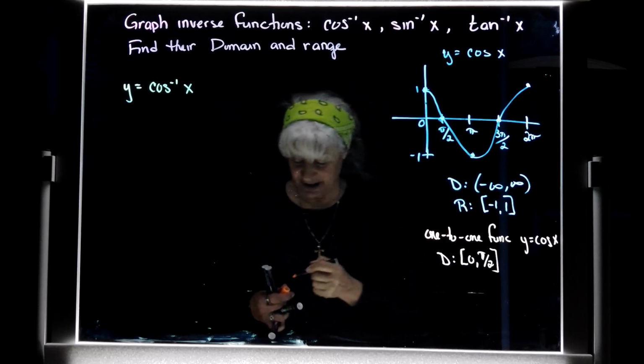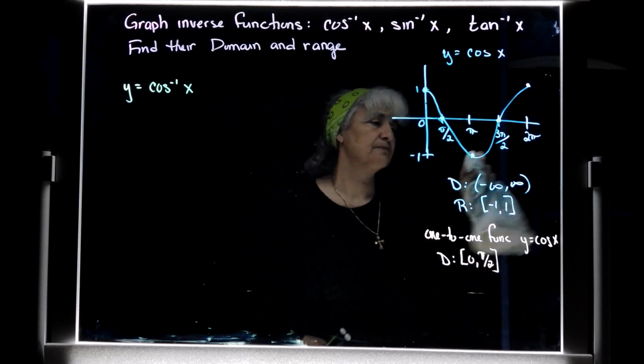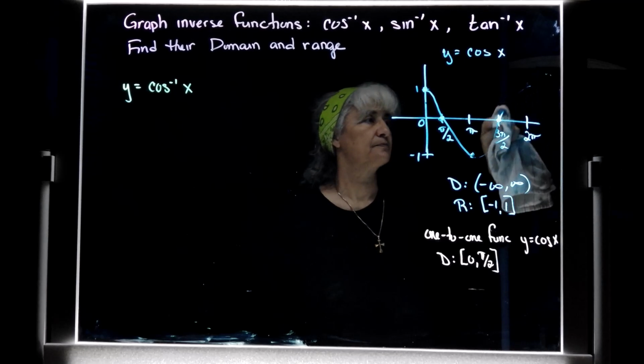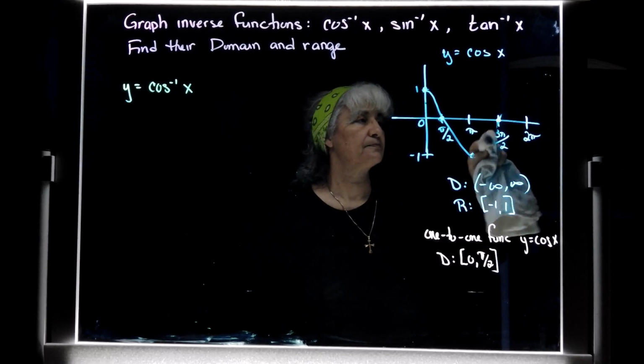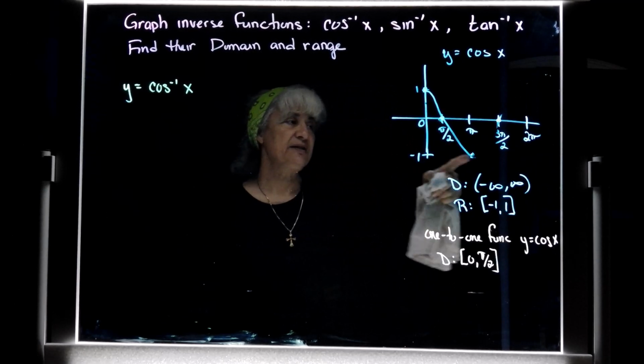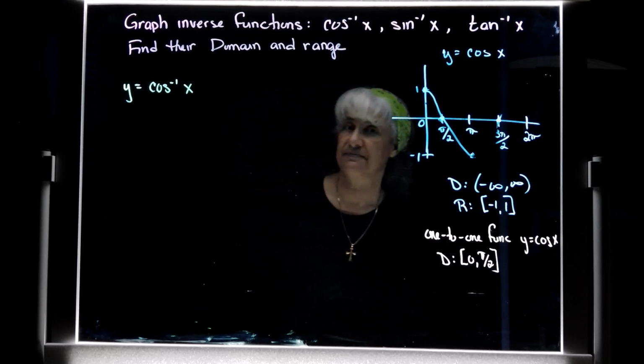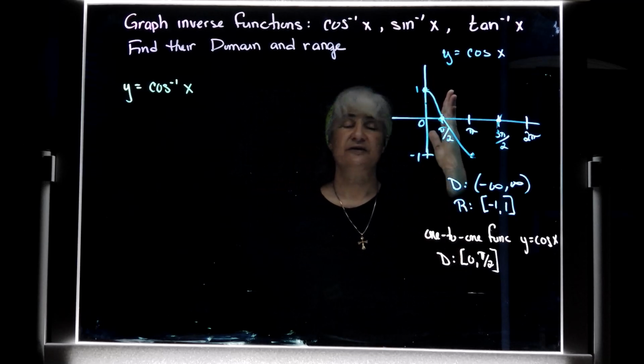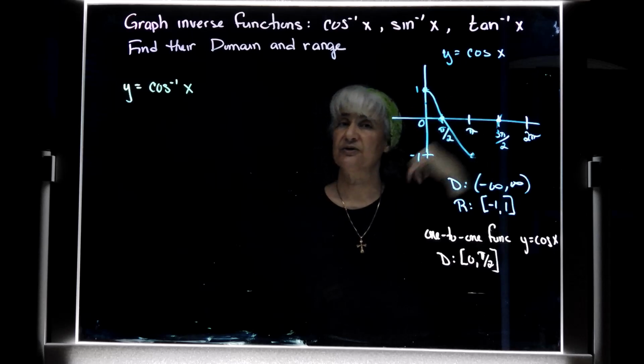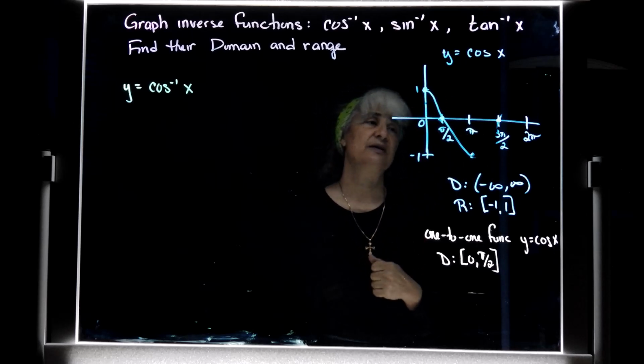And when I do that, now this is technically a one-to-one function, because not only does it pass the vertical line test, it also passes the horizontal line test. Are you with me?